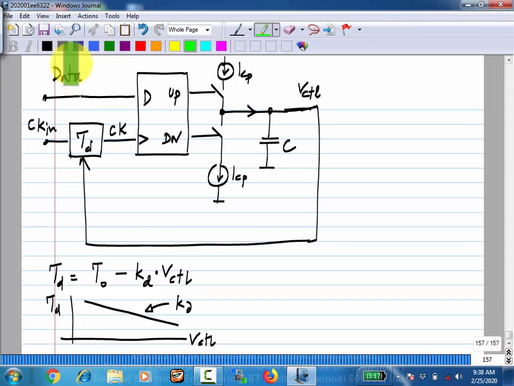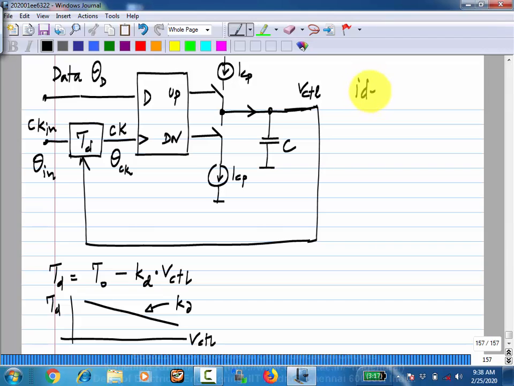So now I will call this theta d, this theta in, or theta clock in, and this the phase of the clock. Now at the operating point, when this whole thing stabilizes, where will it stabilize? The clock edges will be in the center of data.